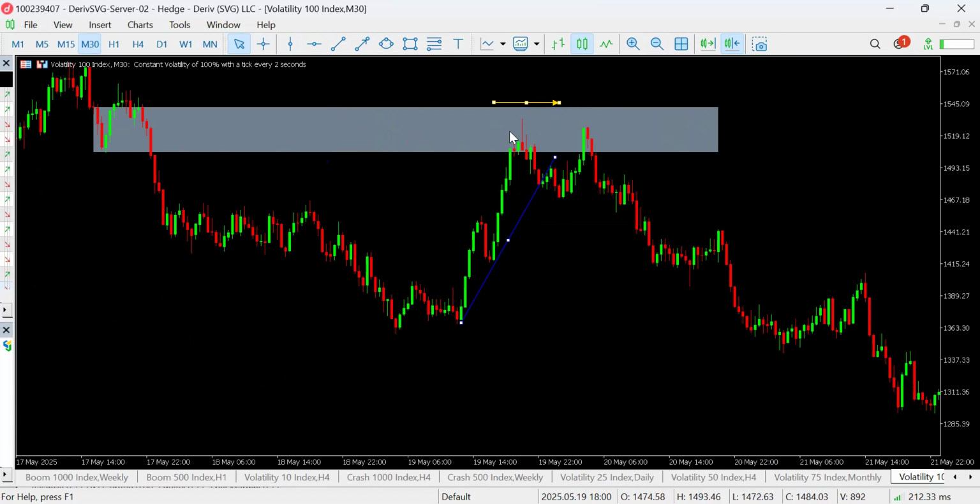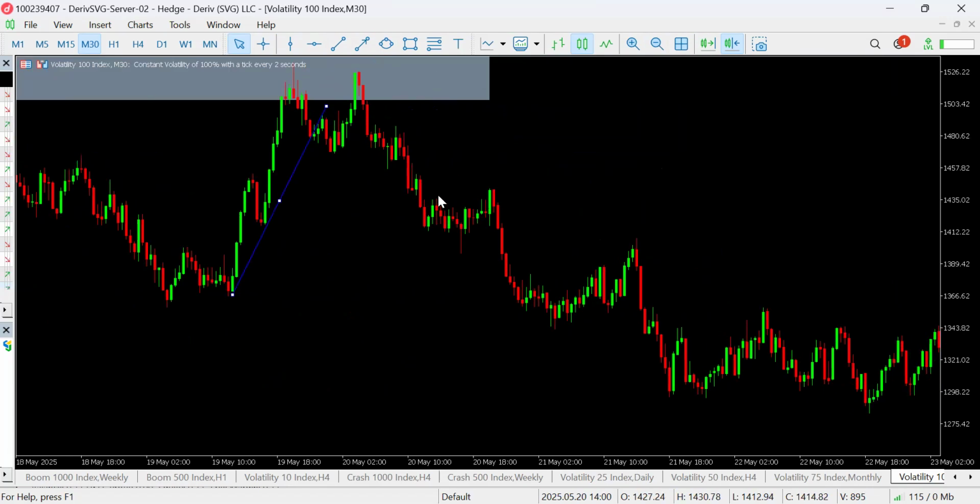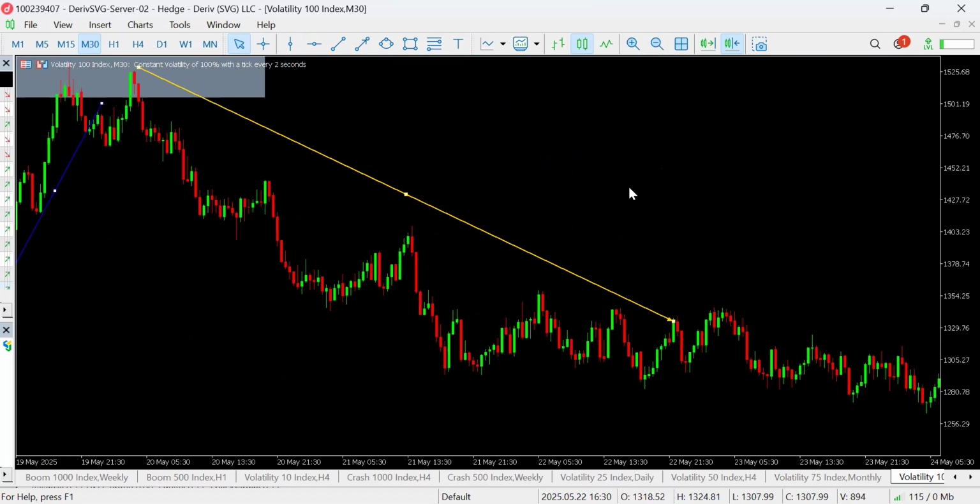So even if you were to enter this trade here, even when it pulled back up, your stop loss would still be safe. You could be in a negative for a while, but just look at the profits. You can see the market was dropping down. So the M pattern is a very, very profitable pattern.